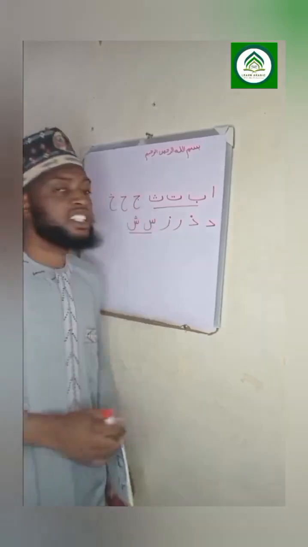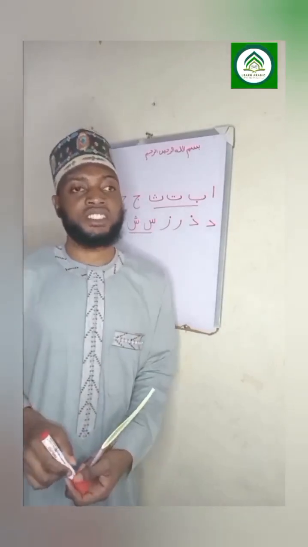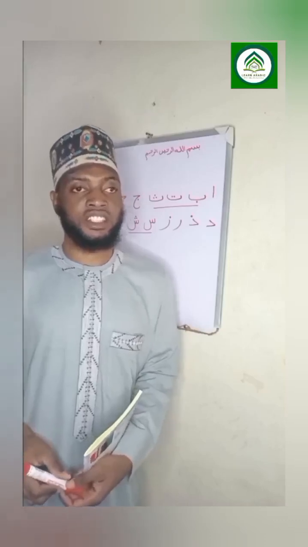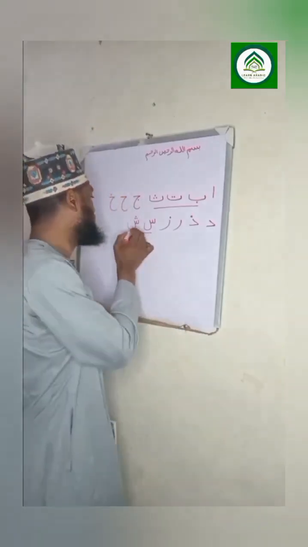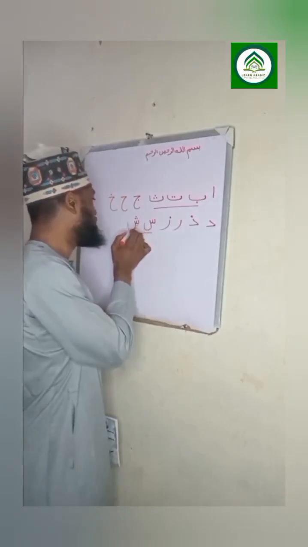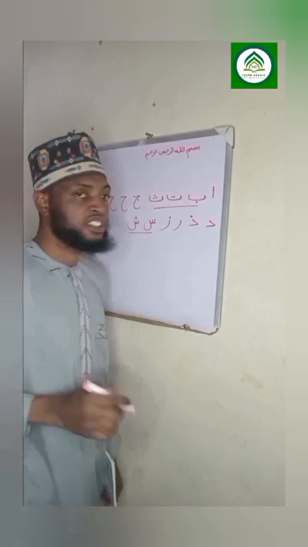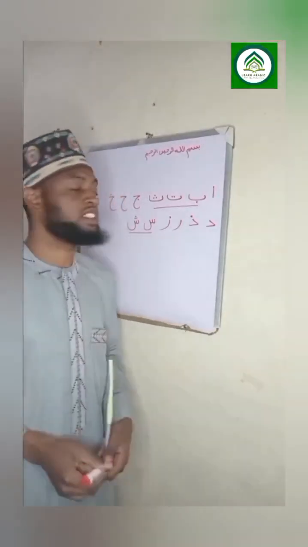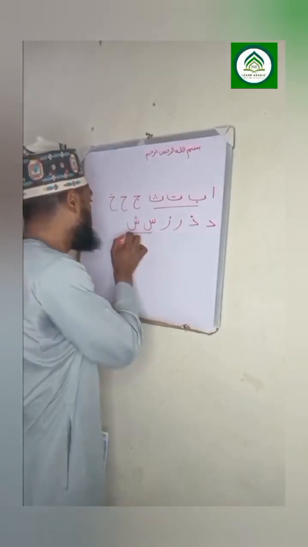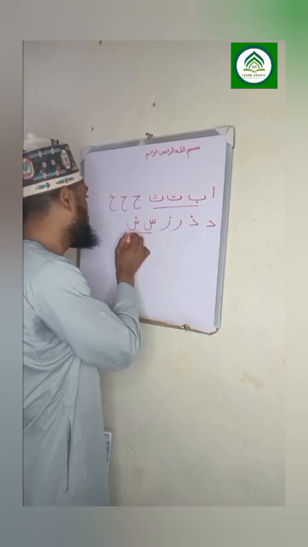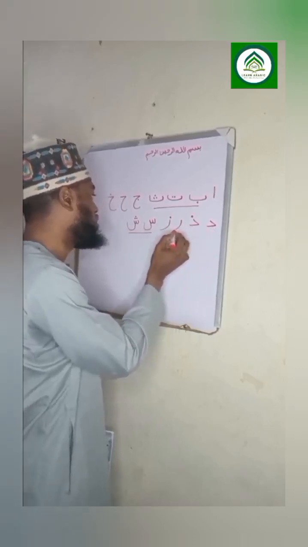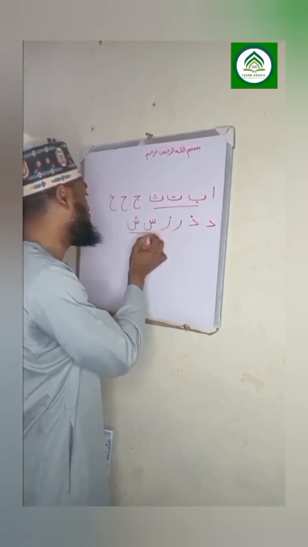This one is called Sin, Sin. The next one is called Shin, Shin. Very easy to pronounce and easy to write. So make sure you practice it so that you can master it. Sin, Shin, Sin, Shin, Dal, Zal, Ra, Zai, Sin, Shin.